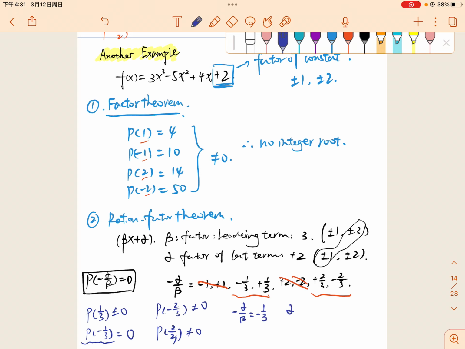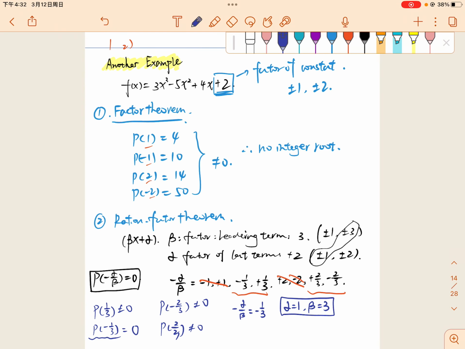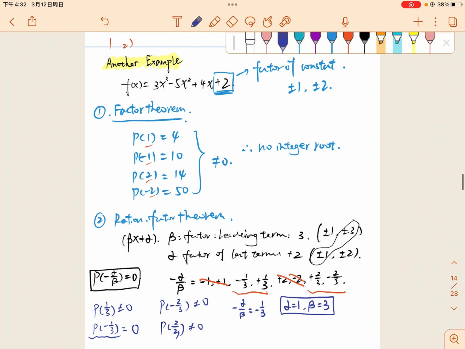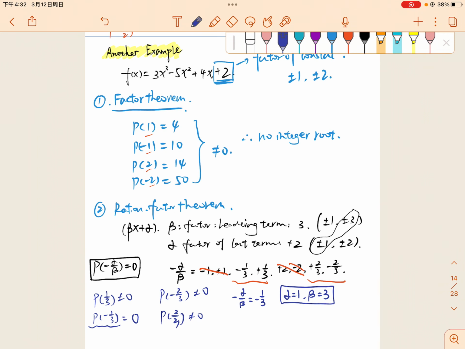That means your alpha would equal 1, beta equal 3. Okay, this is the simplest combination. You can do alpha equal to negative 1, beta equal to negative 3, but that's not really necessary. So you just use the positive ones. That would make your calculation much easier. So now you have alpha equal to 1, beta equal to 3. Therefore, 3x plus 1 is a factor of the polynomial.